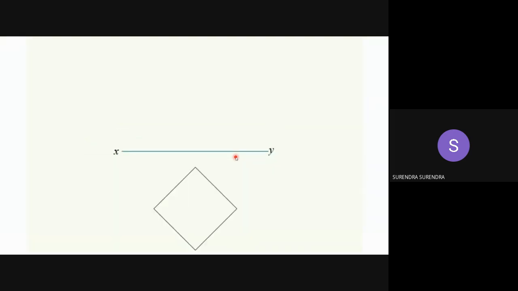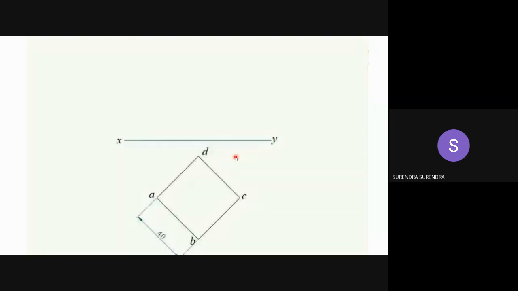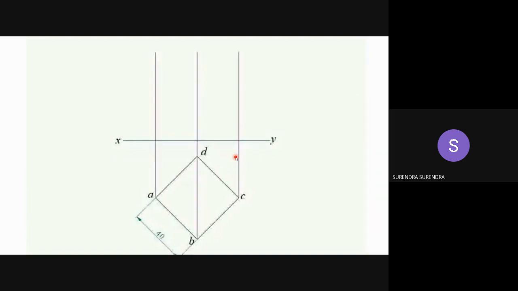So first draw the XY line and draw a square with all the sides inclined at 45 degrees to the XY line in top view. Name the corners as A, B, C and D. Project them to front view. Complete its representation.